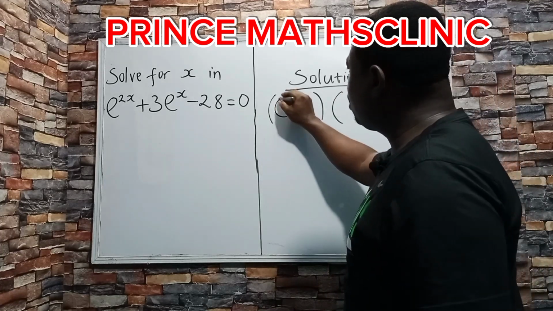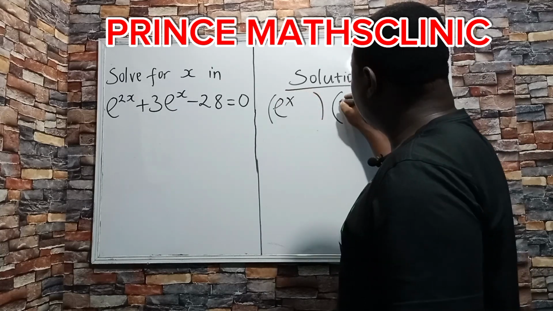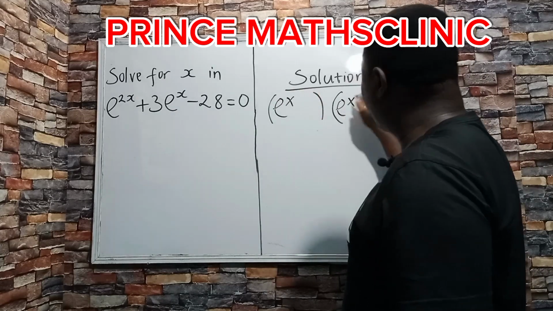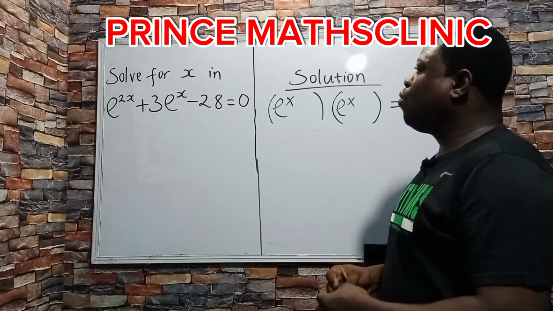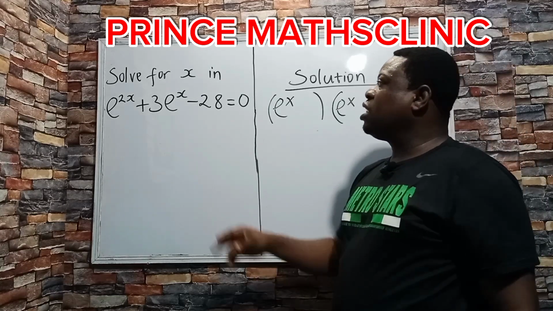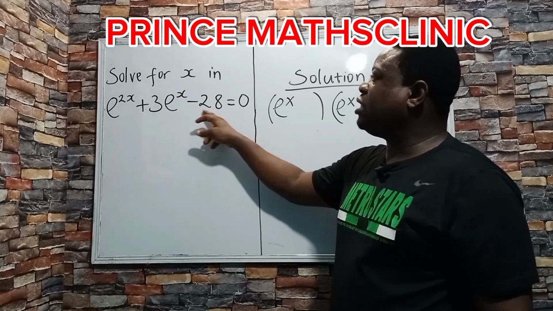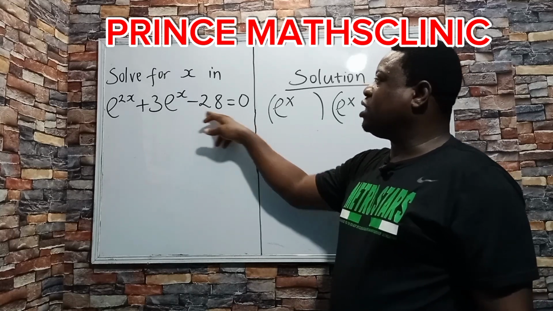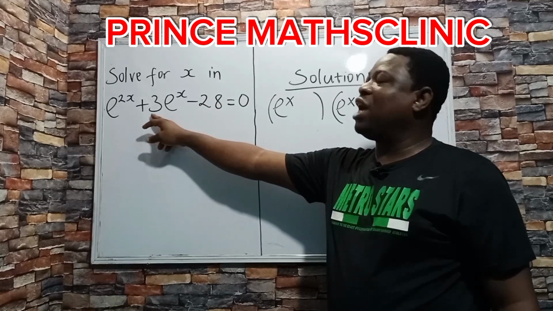Then I'm going to put e to the power of x in both of them. What are the two values that if I multiply them I will get negative 28, and if I add them I'm going to get 3?